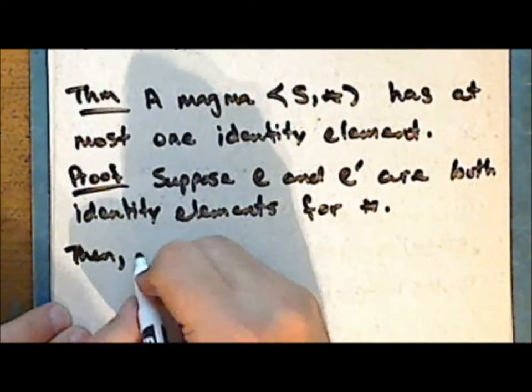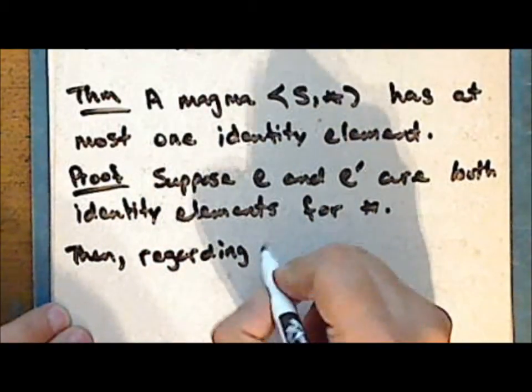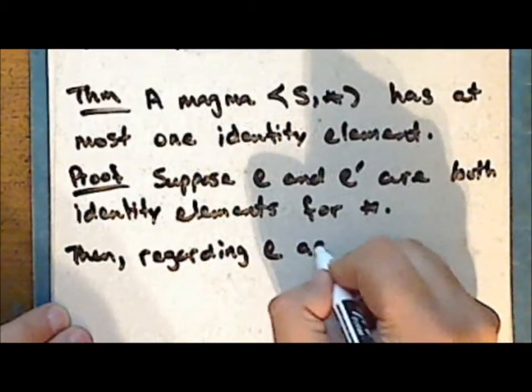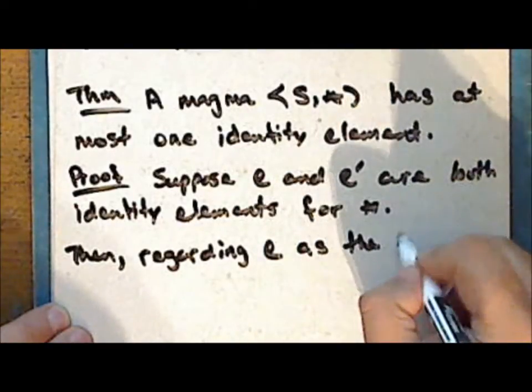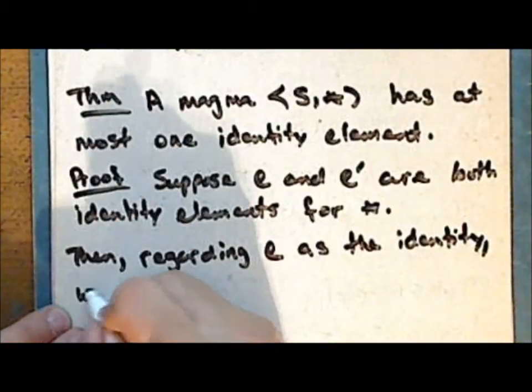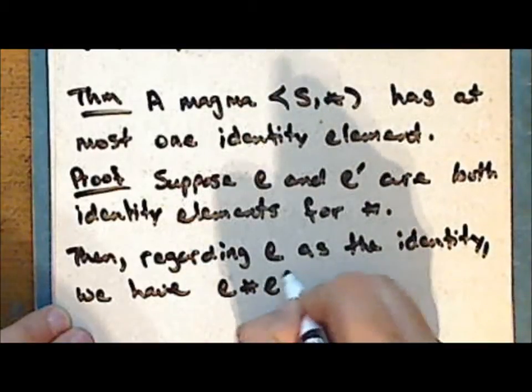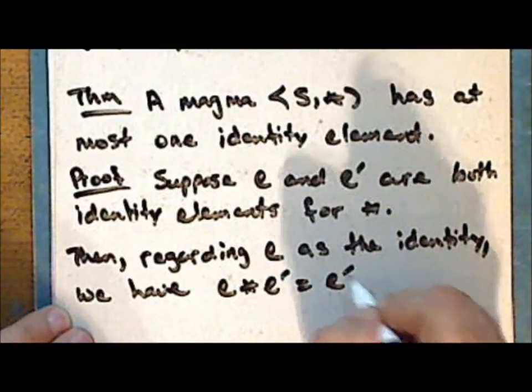Then, regarding the element E as the identity, we have E star E prime gives that other element E prime.